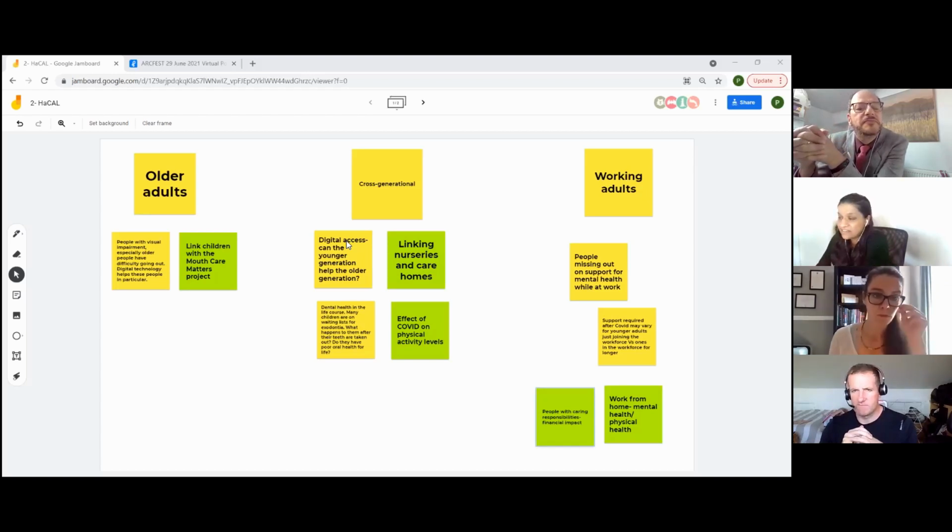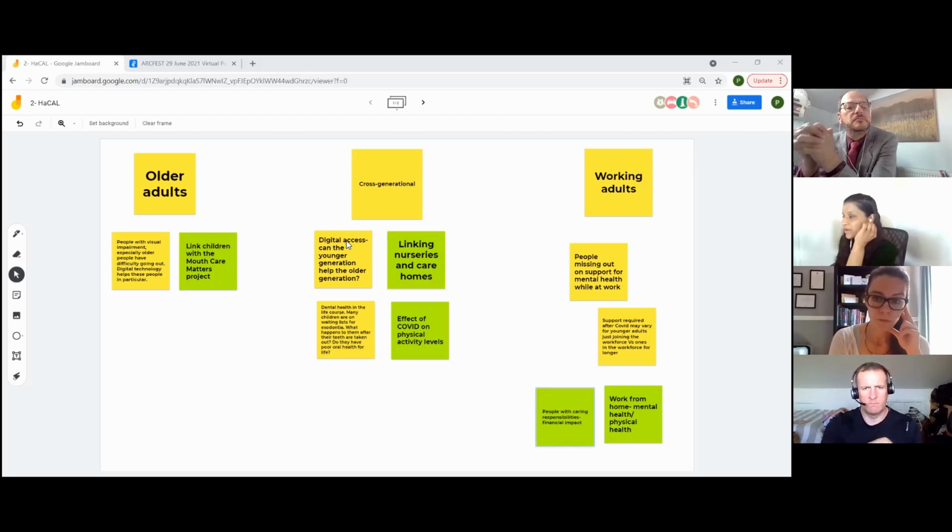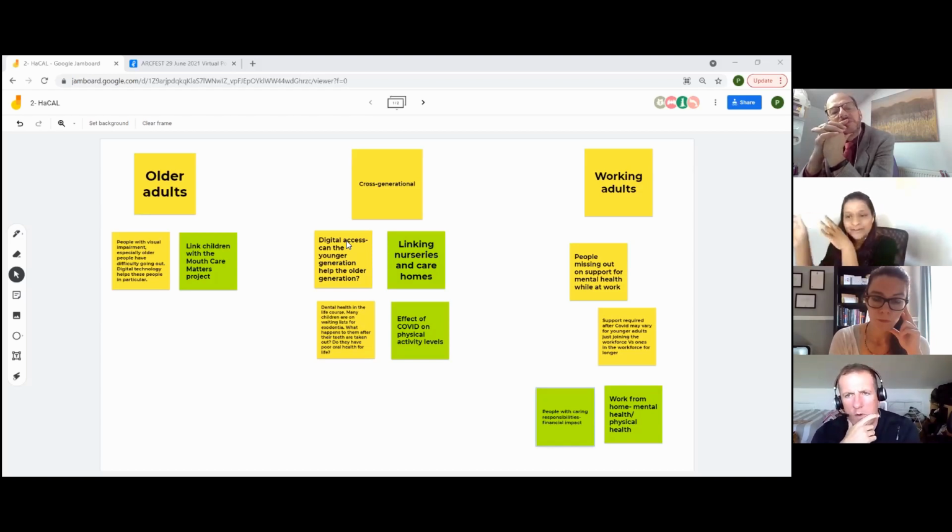Another one was the effect of COVID on physical activity levels of people. So that's again a very cross-generational topic. Just looking at the time, working adults. I think the story behind this was, a while ago, people would knock on doors to offer support and mental health. However, this is pre-COVID, of course, and not everyone would always be at home, especially working adults. So they wouldn't get the support coming to their door.